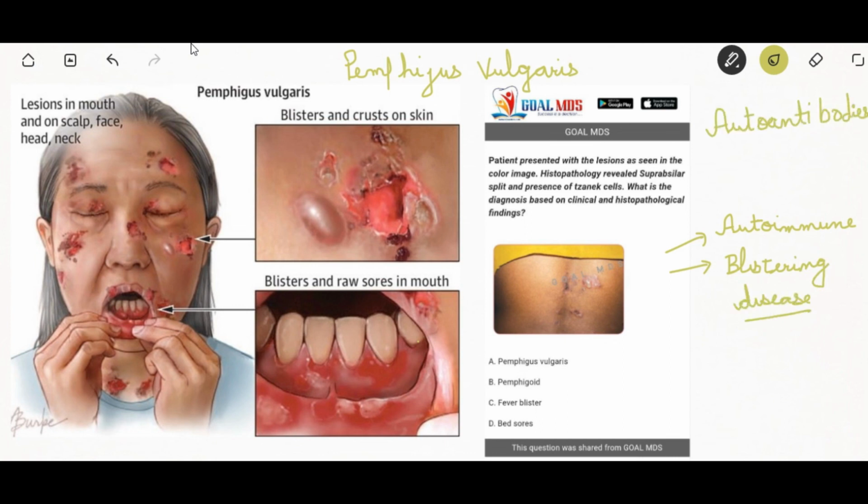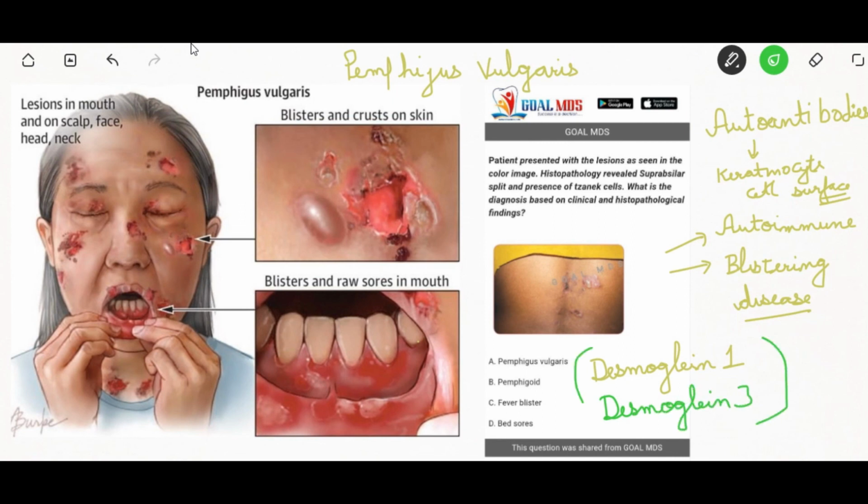What you will see here is circulating autoantibodies that are directed against the keratinocyte cell surfaces. So the blistering in this disease is due to abnormal production of autoantibodies directed against the epidermal cell surface glycoproteins desmoglein 1 and 3.